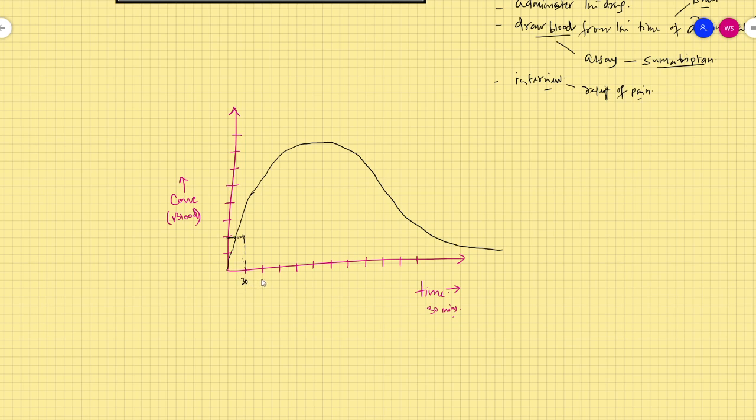This is 30 minutes, and so on. This is time in minutes, and concentration, say it's in nanograms. Okay, and this is what we get. Let's give it a more realistic definition.